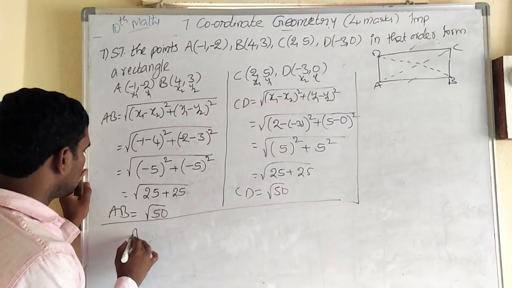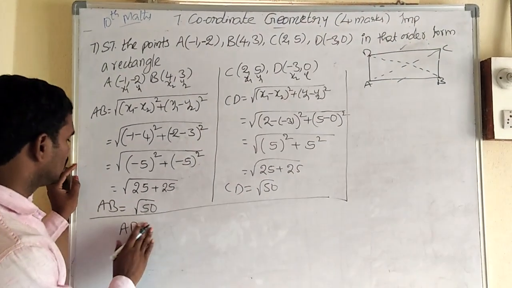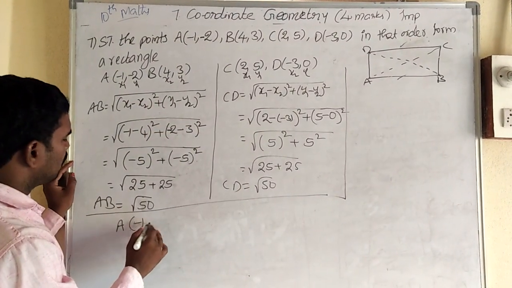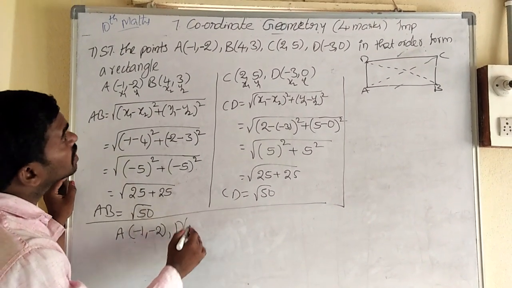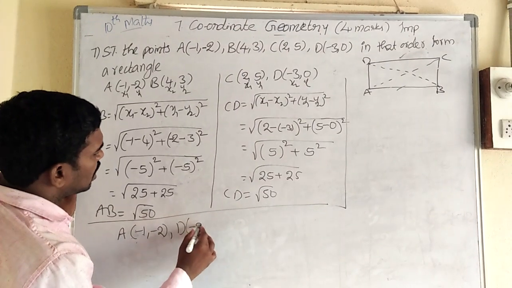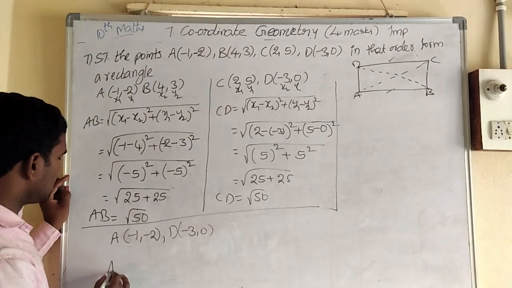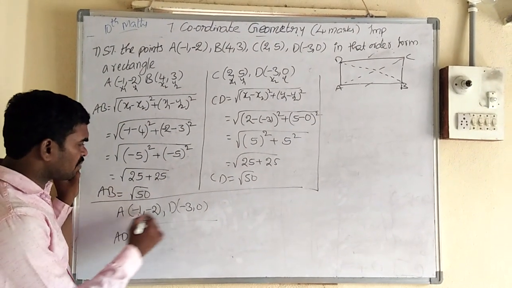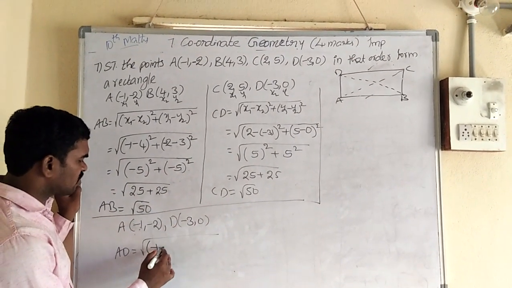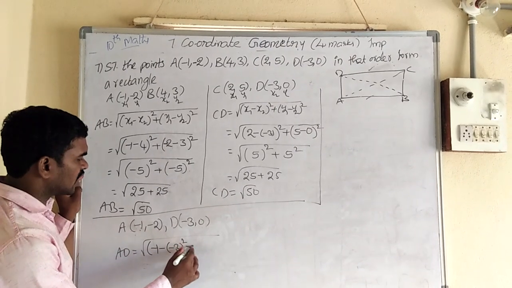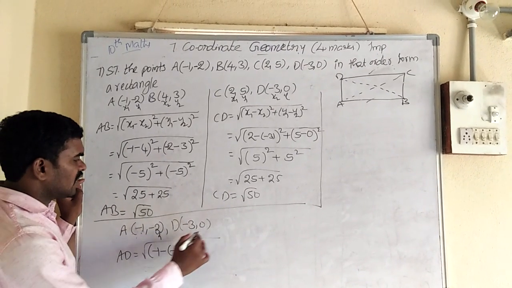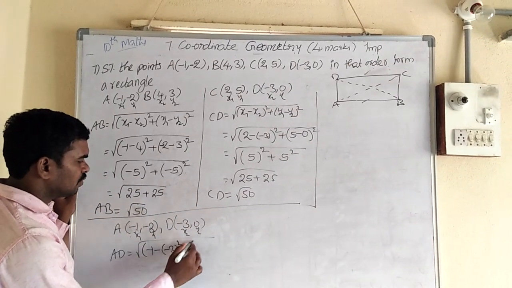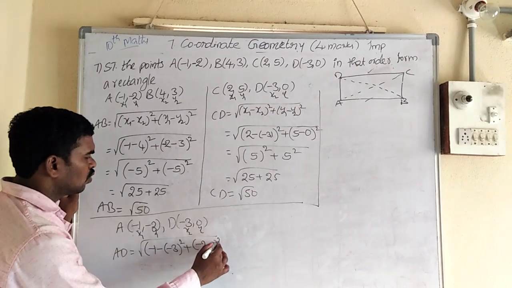I'm checking AD. So what is A? Minus 1 comma minus 2. What is D? Minus 3 comma 0. So I'm finding AD distance. Root of x1 minus x2, minus 1 minus minus 3 whole square, next y1 minus y2, so minus 2 minus 0 whole square.